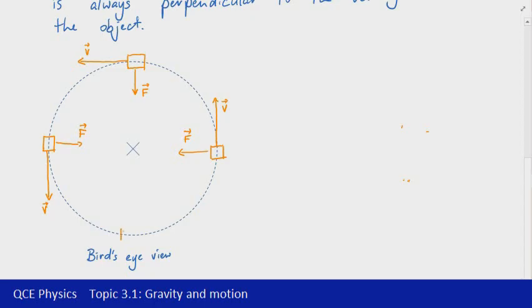And finally, down at the bottom location here, the velocity will be to the right now, still the same speed, and the force will be directed up with the same magnitude. So you can see there the direction of the force is always perpendicular to the velocity. A little point to note here is that since the velocity is always changing direction, the force is always changing direction as well.